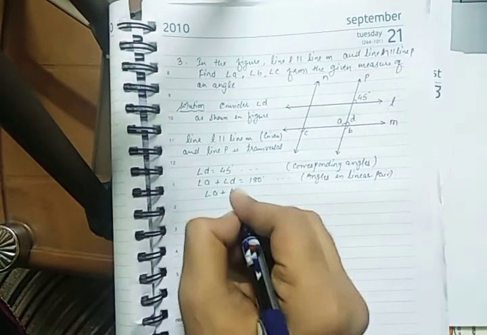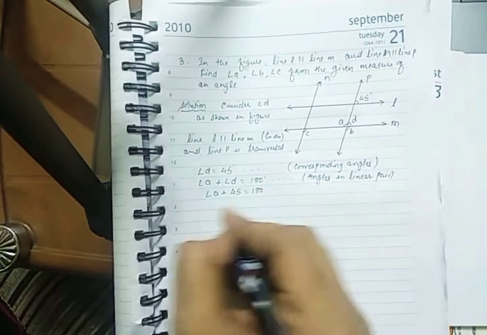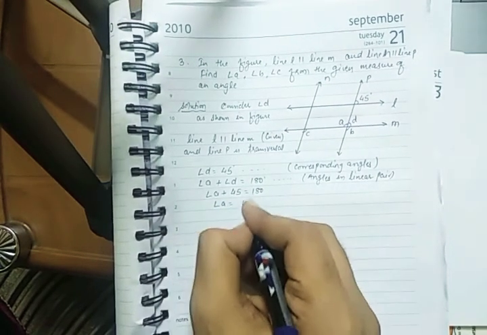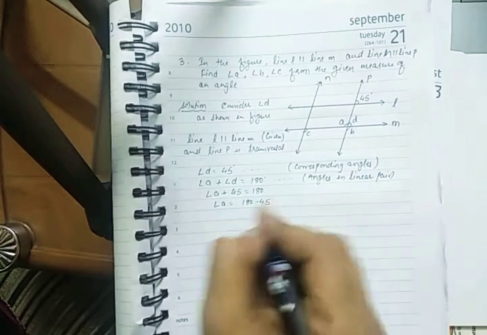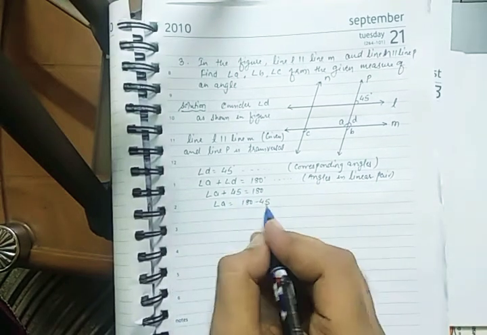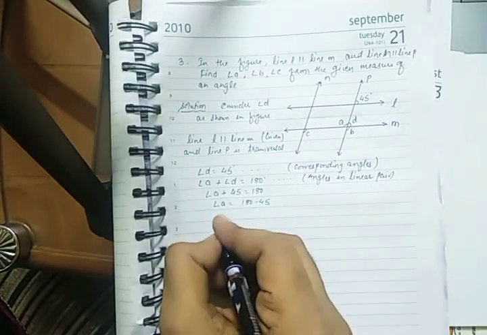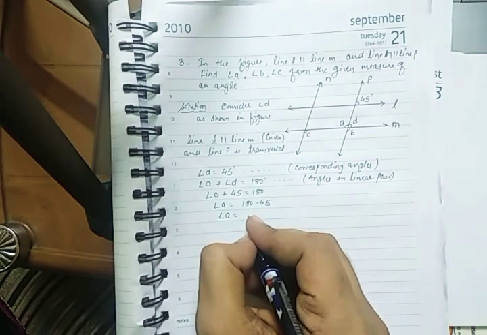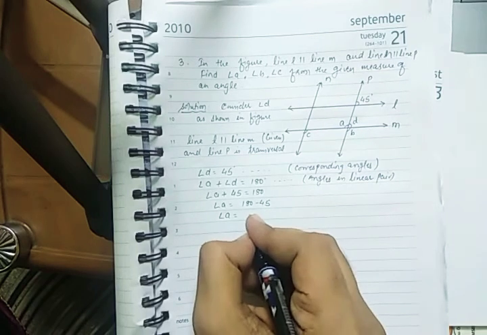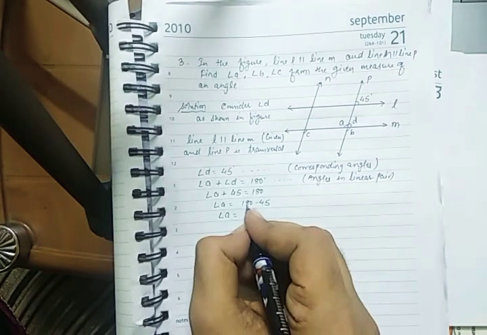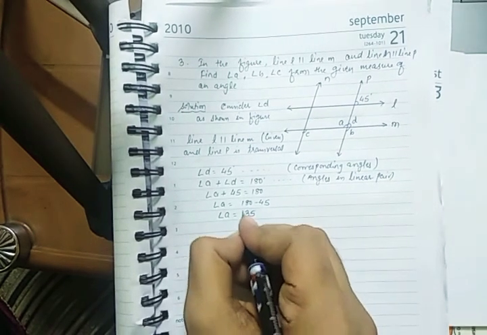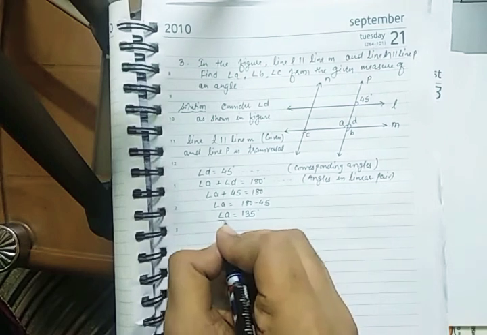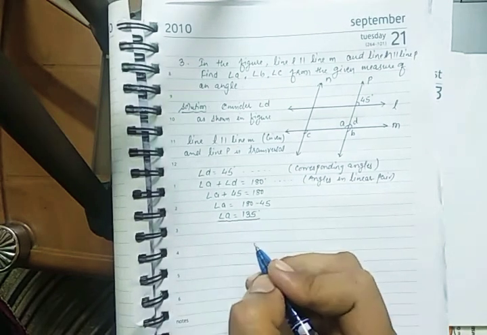So angle A plus 45 equals 180. So angle A equals 180 minus 45. This 45 I have shifted here. So 180 minus 45. After subtraction, 10 minus 5 is 5, 7 minus 4 is 3. So 135 degrees. I got here angle A.